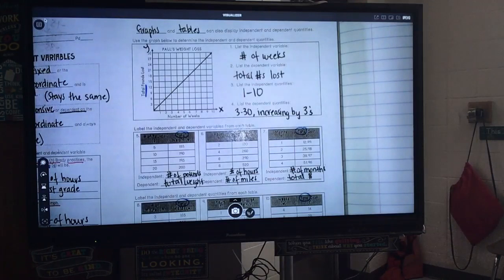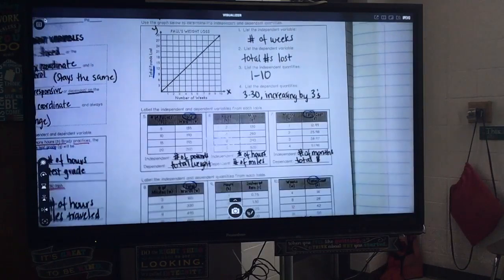Tyler, can you grab that piece of paper from me? Alright, go ahead and slide over to the right side of your notebook. And please title it Independent Dependent Variable Practice and today's date.